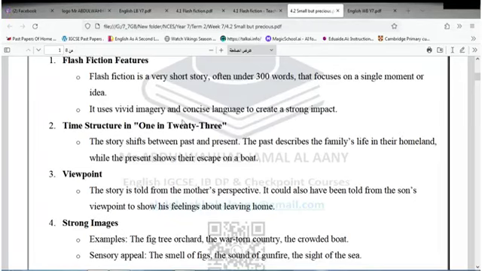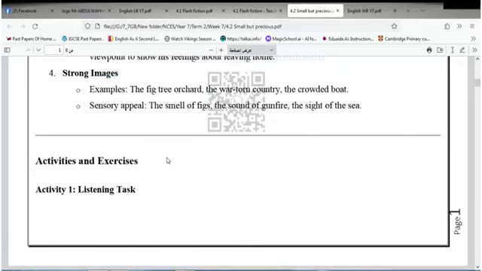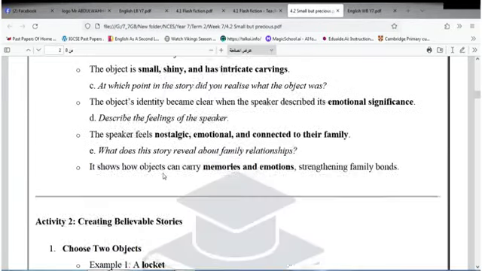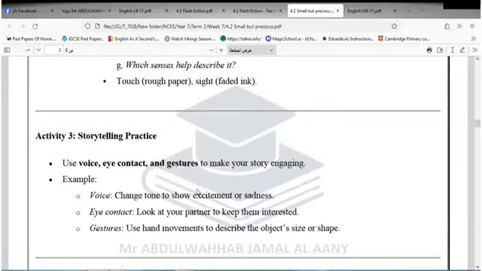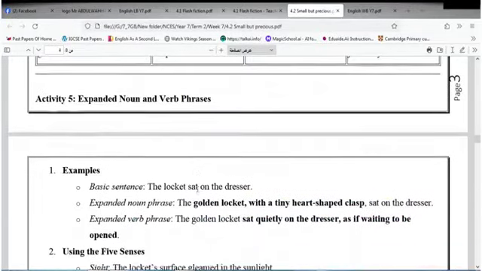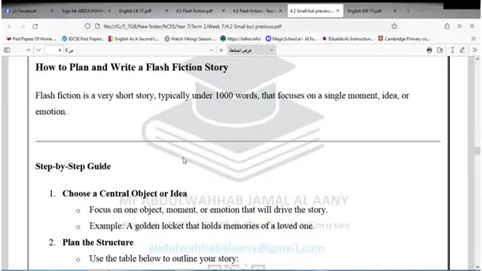It uses vivid imagery and concise language to create a strong impact. And I have to put lots of imagery and lots of symbols in it. The best way to start planning for your flash fiction story is what? It is to search for an item or an object.